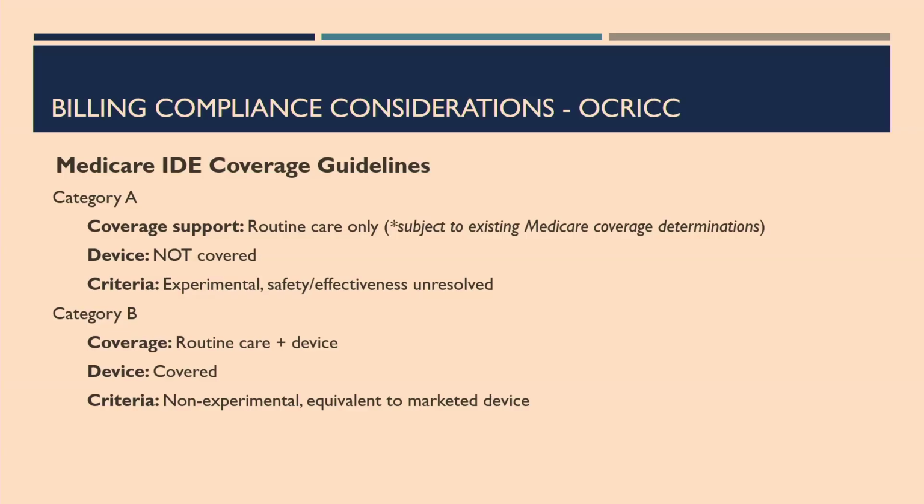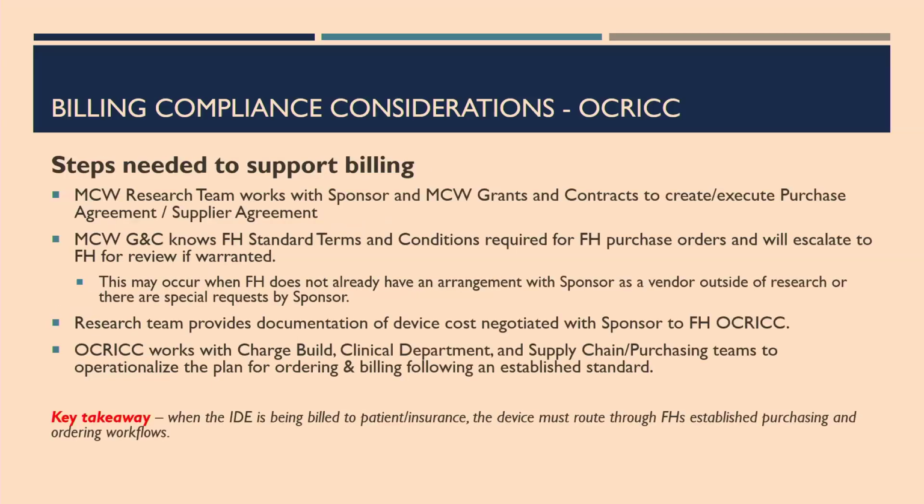Category B is going to be covered, and the criteria for that, oftentimes we see category A devices and their procedures be fully funded by the study. And that's really just because the study itself is not considered to be routine care, both from a procedural perspective and from the device perspective. So this just shows it a little bit more cleanly between the two resources. Next slide, please.